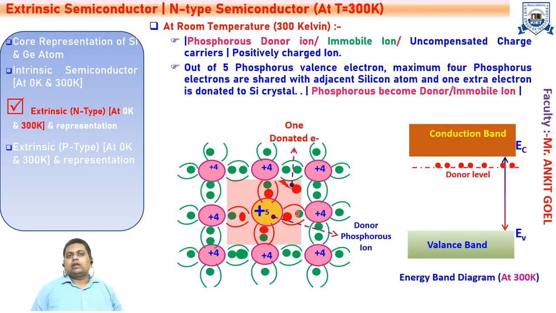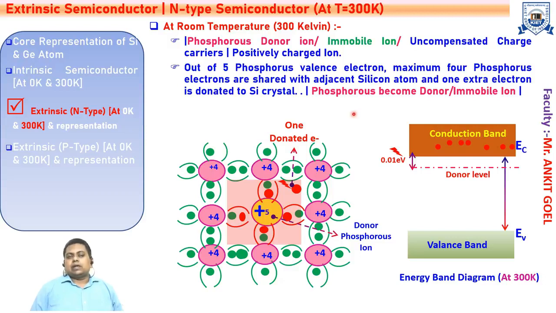Why is it called a donor ion? Because it donated 1 electron to the structure, giving 1 free electron and becoming positively charged itself. You can see in the energy band diagram also that this 5th electron, which is at the donor energy level, will reach the conduction band as the temperature is increased.